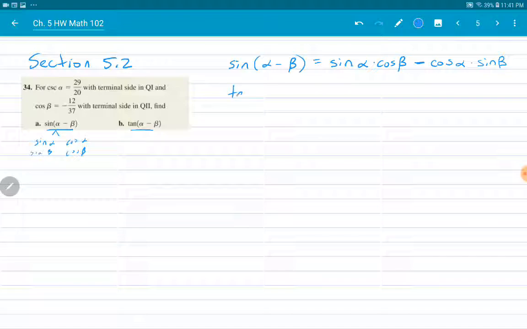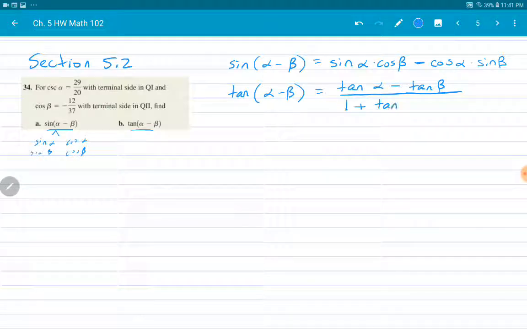And for tangent, our identity is tangent of alpha minus, keep the same sign in the numerator, and in the denominator we flip the sign and do multiplication.